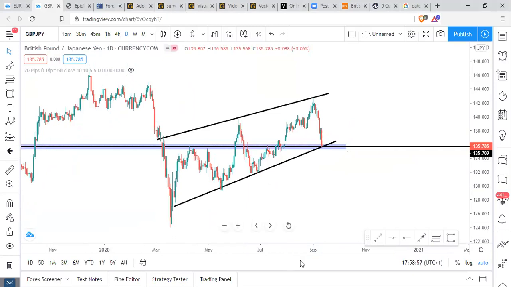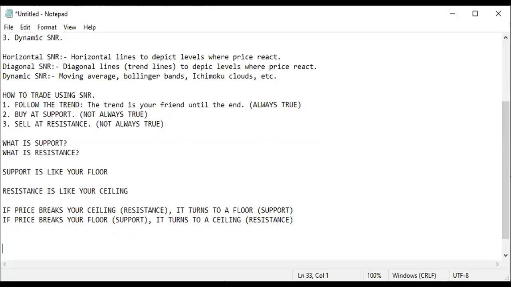I'm a support and resistance reader. What does that mean? Let me go back to my notepad. It means that I will buy at support. Look at this, I'm taking it back to this number 2 right here.